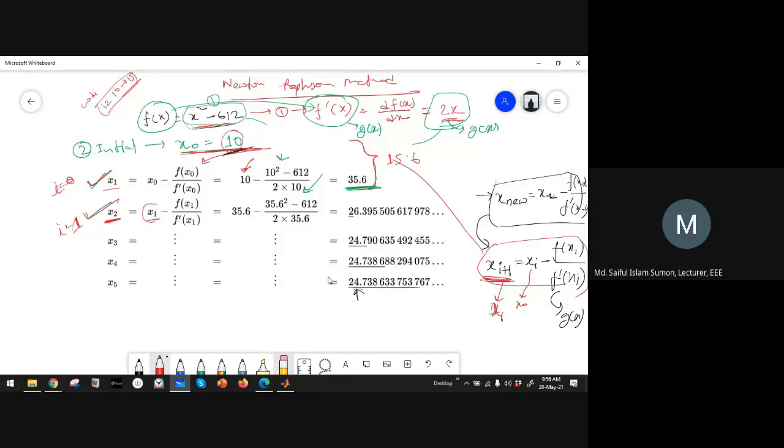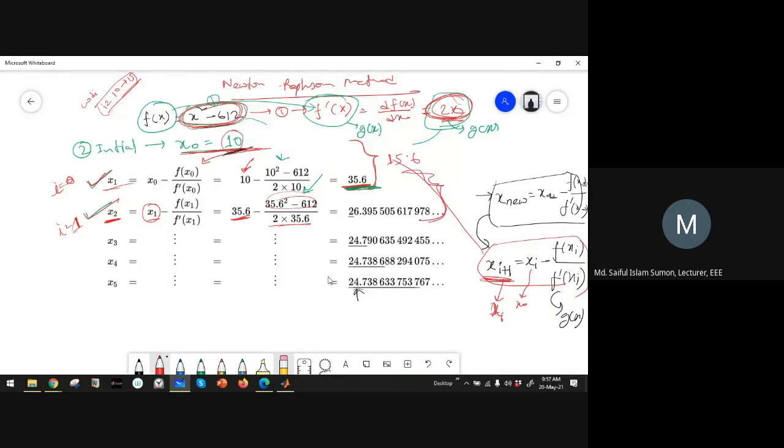Now what's the value of x1? X1 is 35.6. Now for f(x1) I will just put the value of x1 into this equation, and again for f prime of x, this equation, I will put the value of x1. Now you can see after the second iteration the difference has decreased.